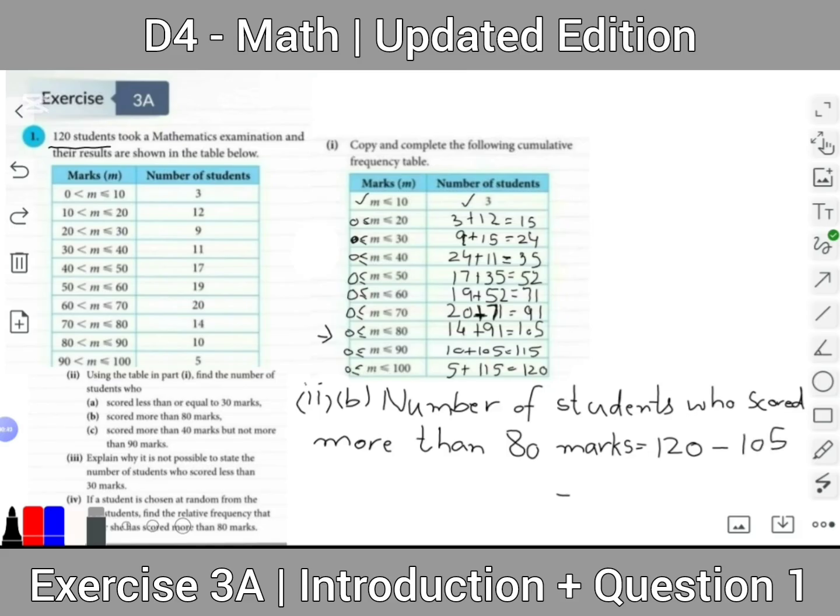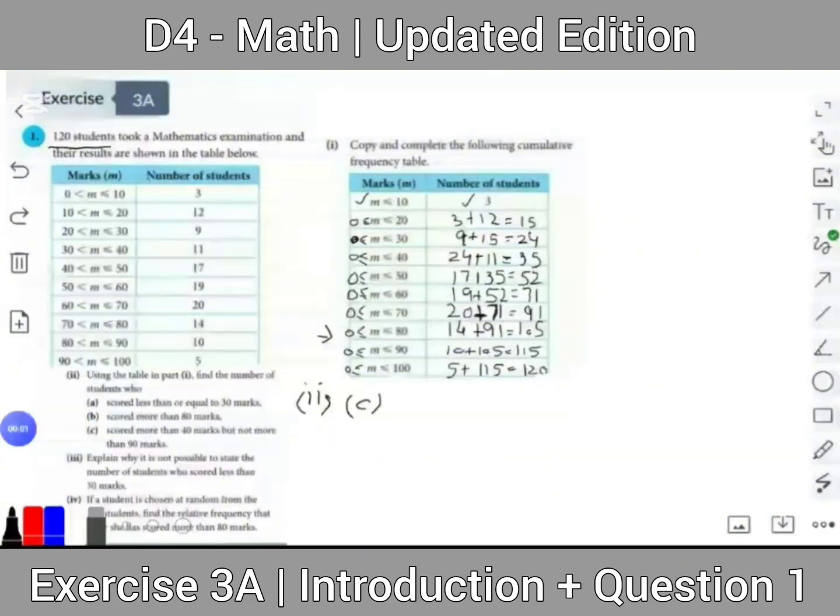So now we subtract 105 from 120 and we get 15. So the number of students who scored more than 80 marks is equal to 15.